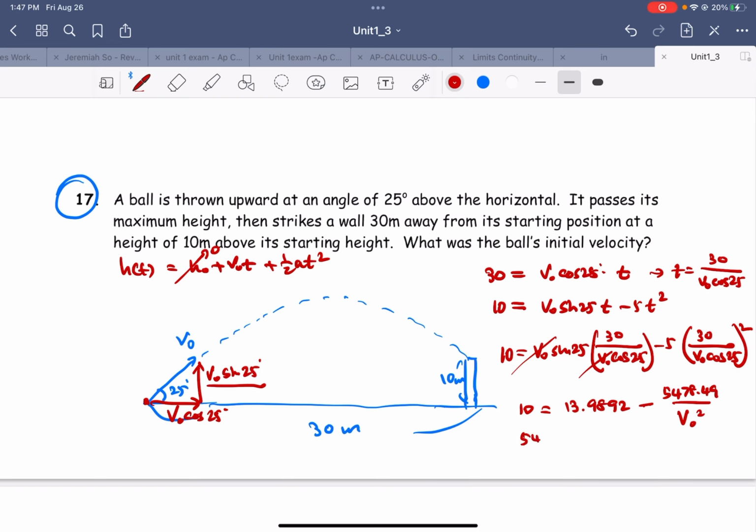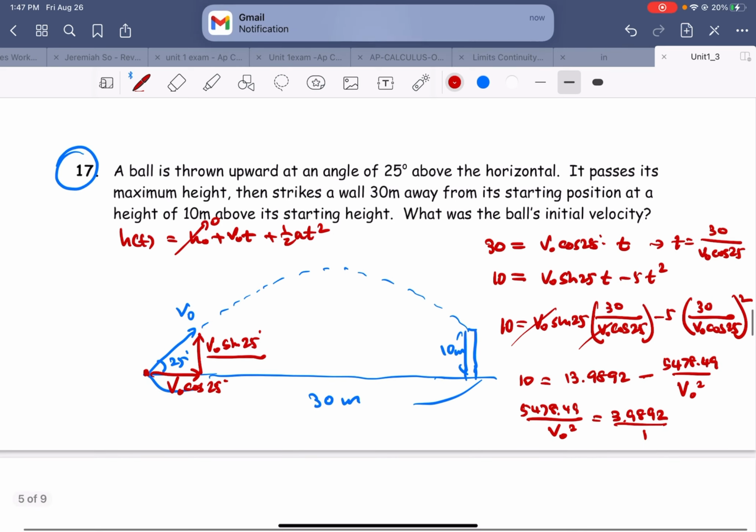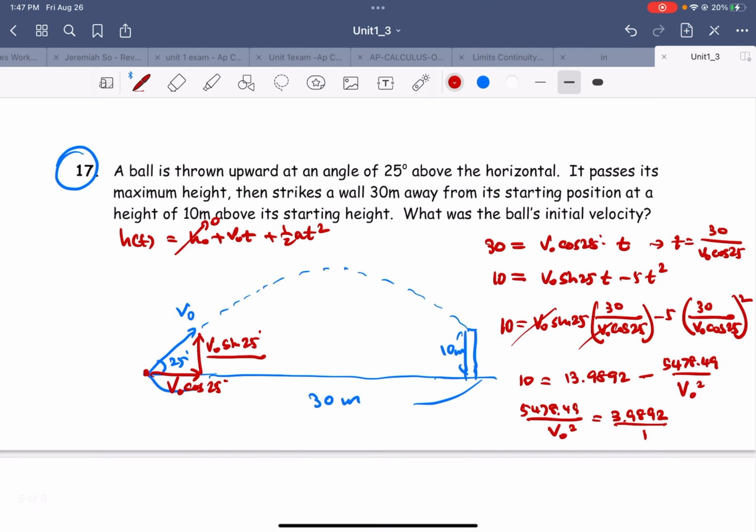Okay, so now if you move it around, 5478.49 over v naught square equals 3.9892. And then when you cross multiply, you get v naught square equals 5478.49 over 3.9892, and I'm going to put a square root.